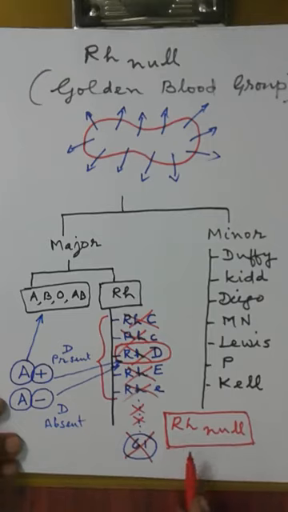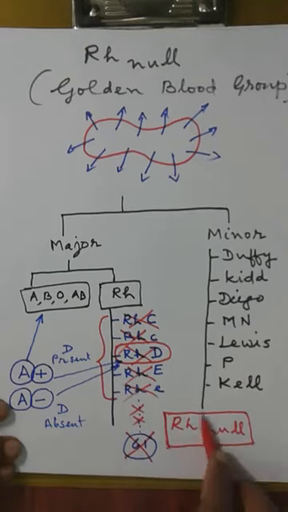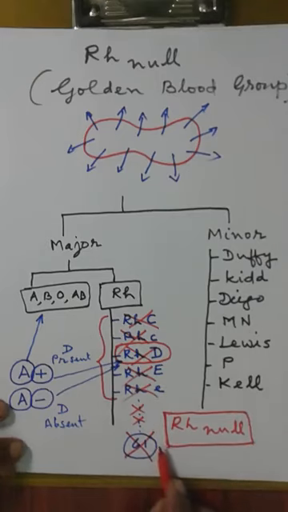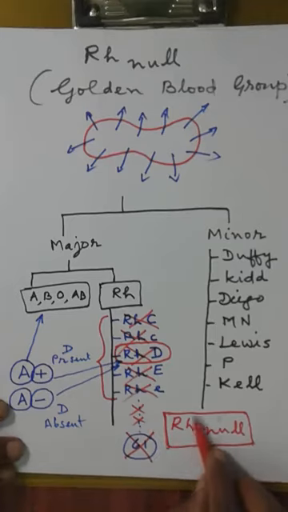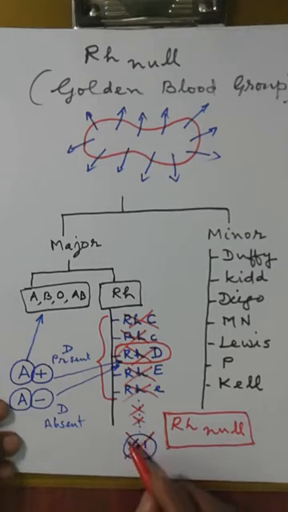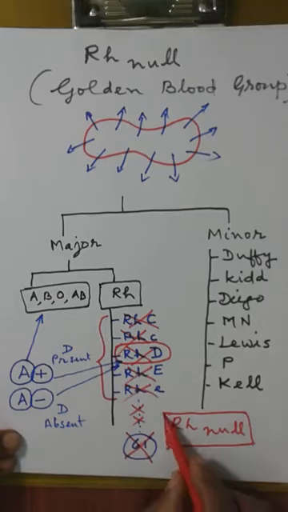Suppose an RH null person meets with an accident and needs blood immediately, where will he get it? He has to go to another RH null person to receive blood. It's only 43 people in the whole world, now maybe 45, fewer than 50 people.